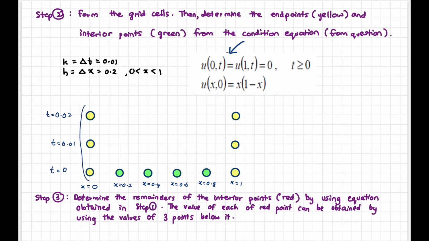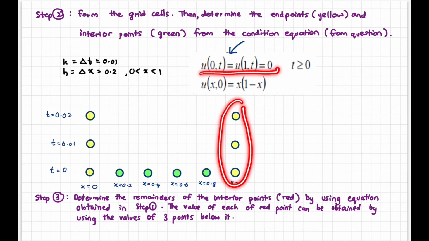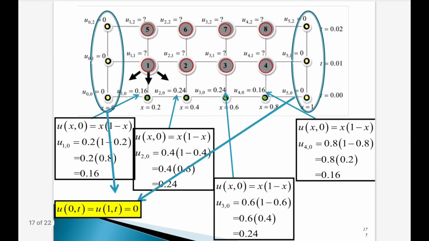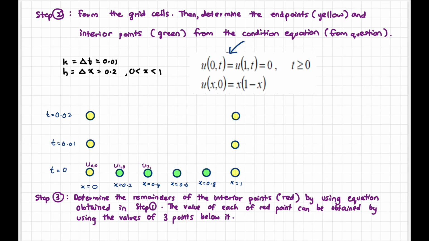So the boundary condition here, all these values here must be equal to 0, from this condition. So let's label these nodes. This is U00, U10, U20, U30, U40, U50.